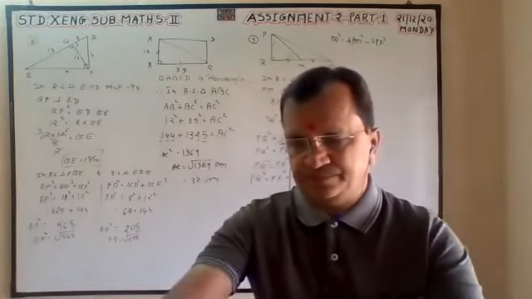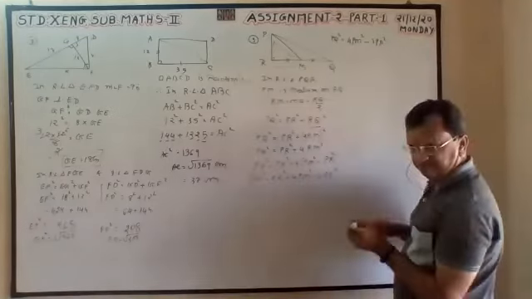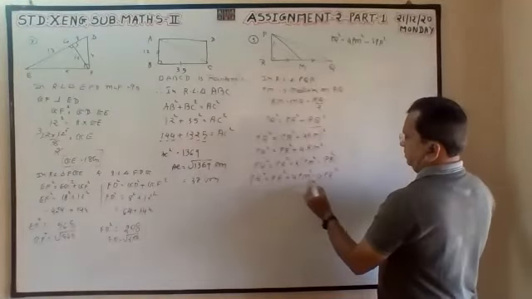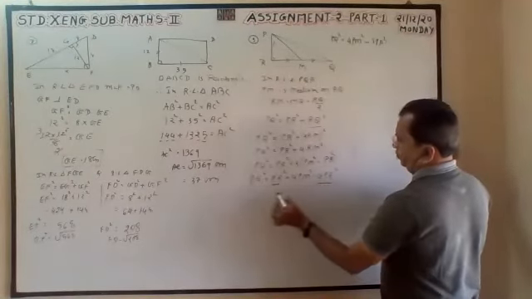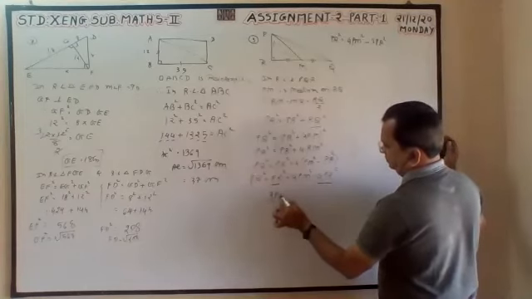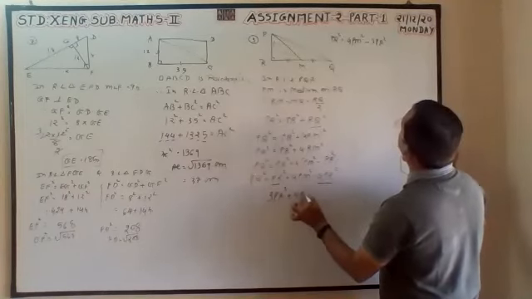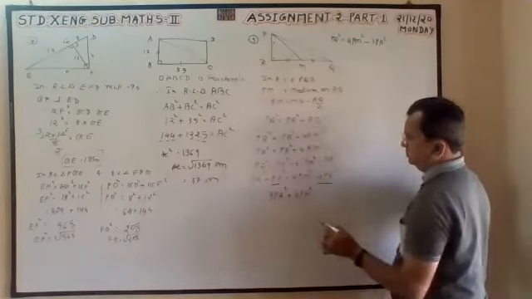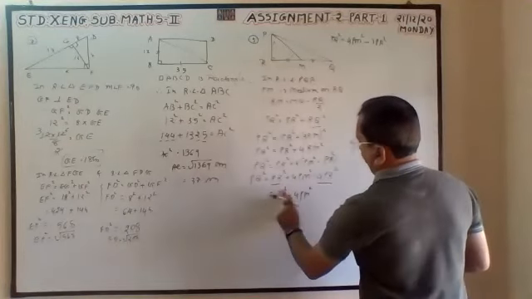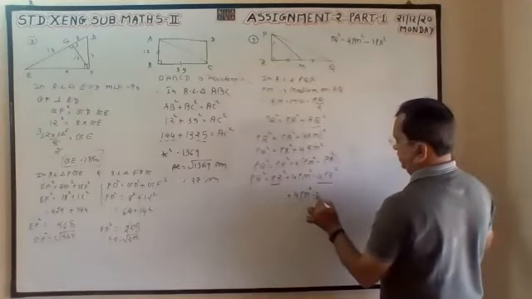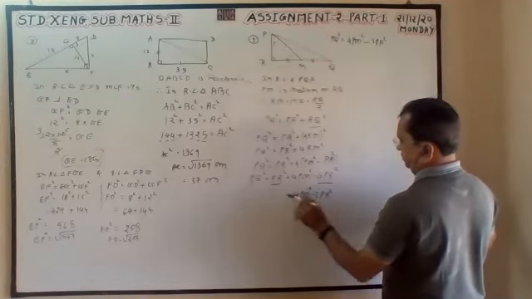So PR minus 4PR, 3PR square plus 4PM square. 4PM square minus 3PR square. Sorry.